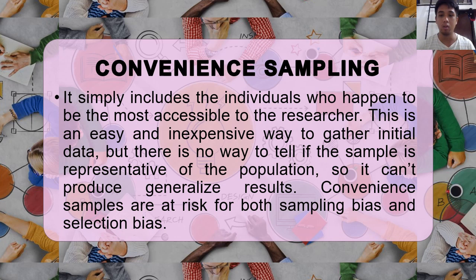So among all the sampling methods in qualitative research, this one is the most accessible and convenient for the researcher since it can be conducted based on geographical proximity, availability, time, and the willingness to participate in the study. However, convenience samples are at risk for both sampling bias and selection bias.